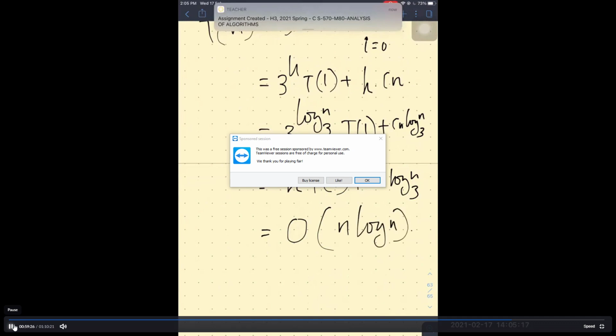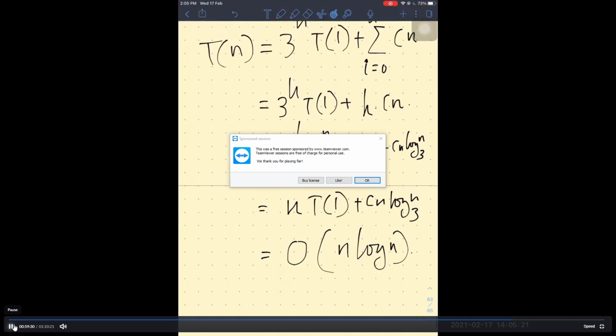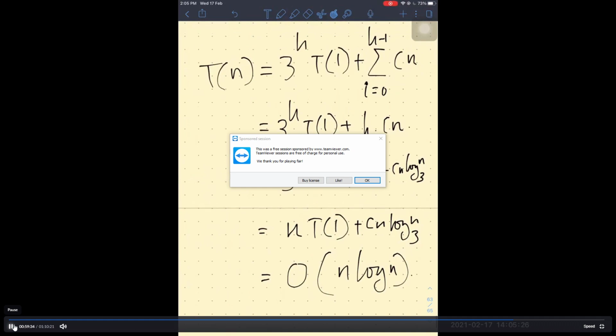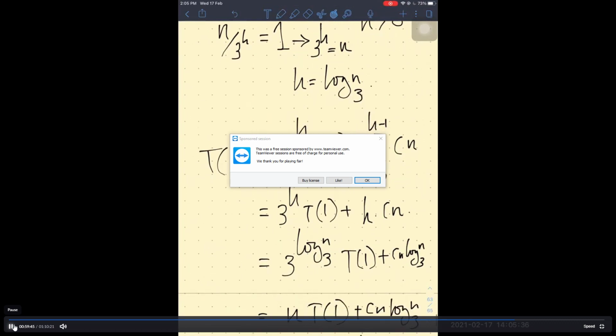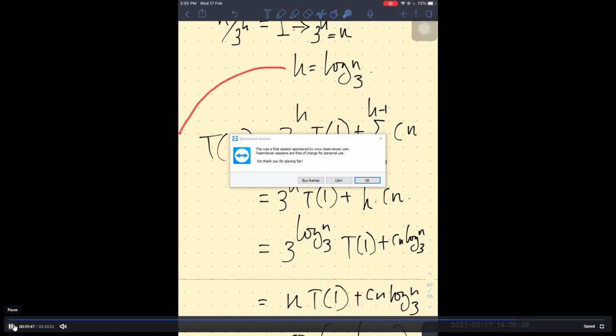Is it clear how we are getting that? How did you get the 3 to the log of n? Yeah, we replace this h. You remember we assumed that n is 3 to the h. Okay, yes. Just by replacing that here, we get this part.